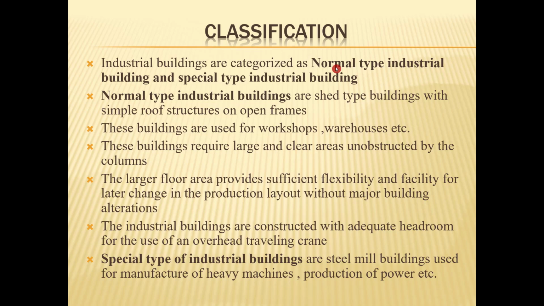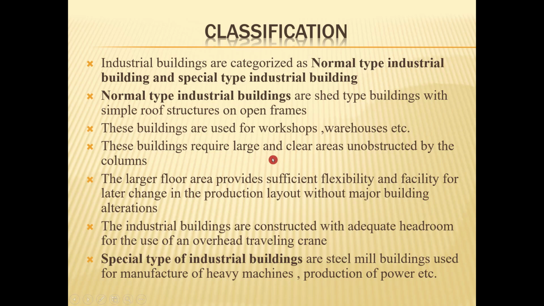Special type are made on request, which will suit particular requirements. The normal type industrial buildings are shed type buildings with simple roof structures on open frames. These buildings are used for workshops, warehouses, etc.